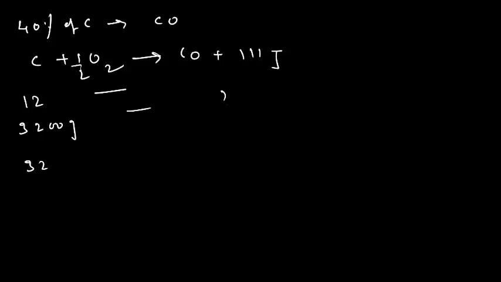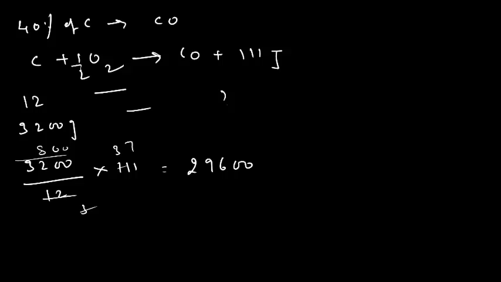So 3200 by 12 into 111. 4 here 3 times, 4 here 8 times, 3 here 37 times. Therefore, amount of heat liberated is nothing but 29,600 kilojoule.